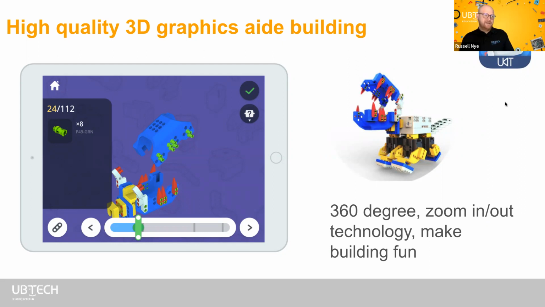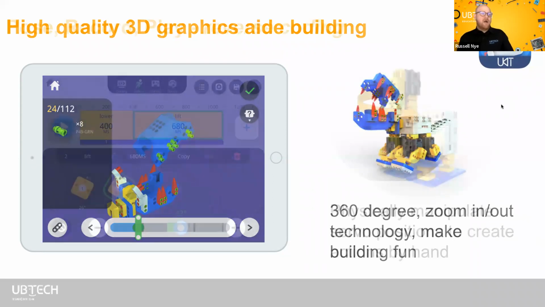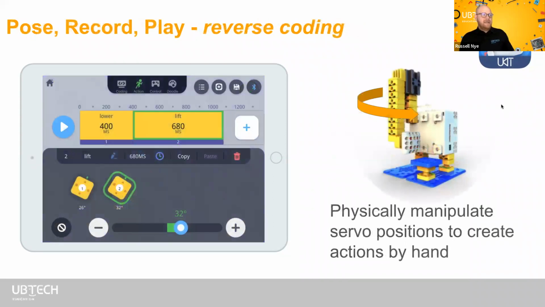Yeah, absolutely. And so once the students have successfully built their robot, the first interaction environment they move into is a block coding environment. However, a key component that we want to touch on is our pose, record, play environment.